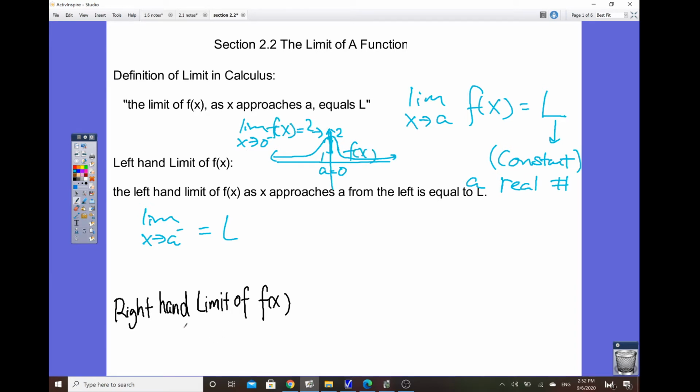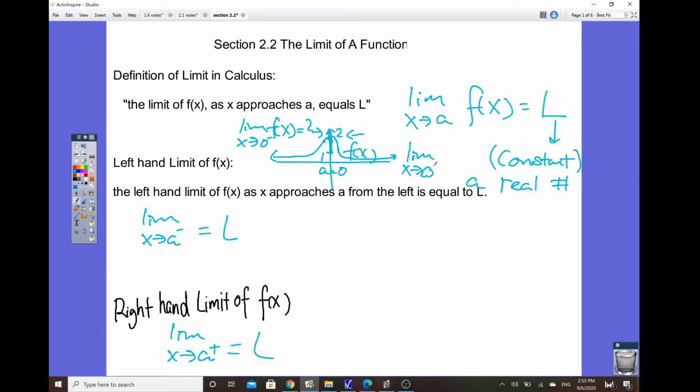And now what about the limit approaching from the right hand side? The limit as x goes to a from the right equals what? Also L. If x goes to a from the right hand side, I'm supposed to use 0, because the value of a is just a real number, which is 0.